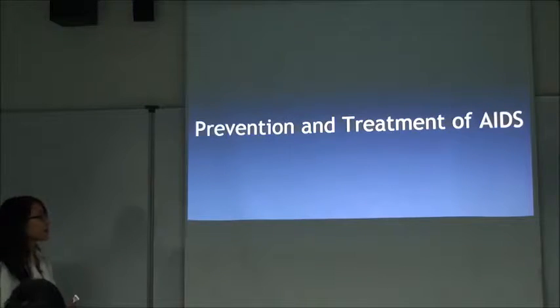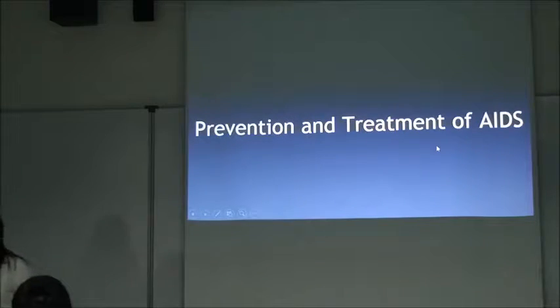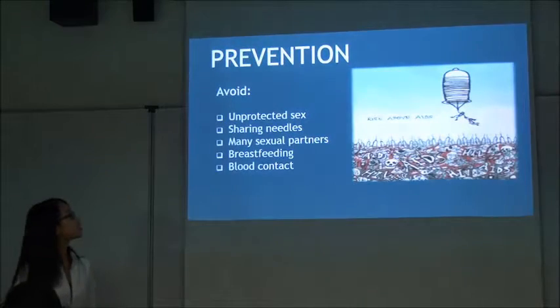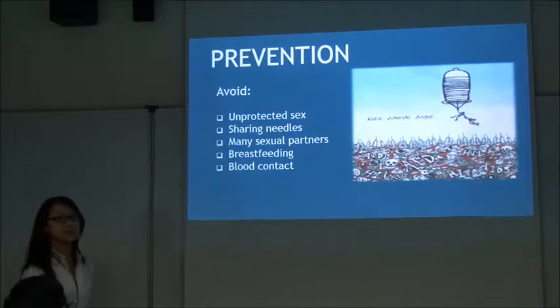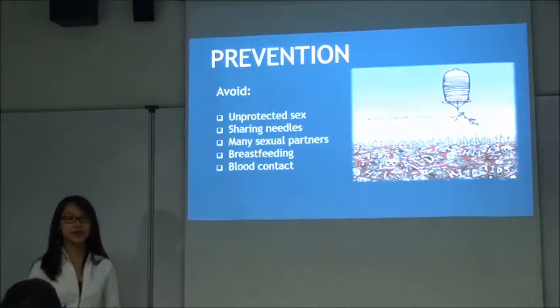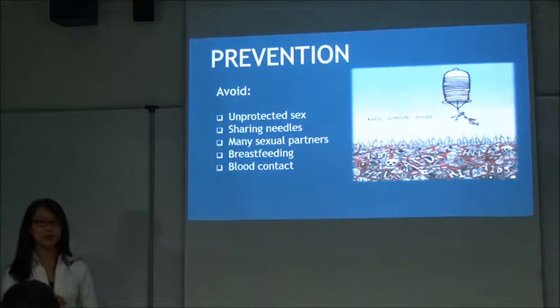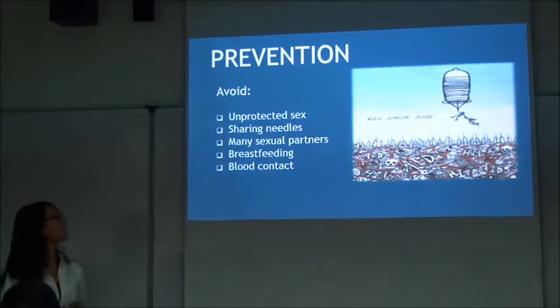So now we'll be talking about prevention and treatment of AIDS. To prevent AIDS from being transmitted to you, there are a few things you have to avoid. First of all, you have to practice safe sex with the use of condoms to prevent body fluids from being in contact with each other.